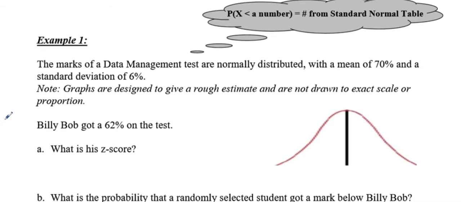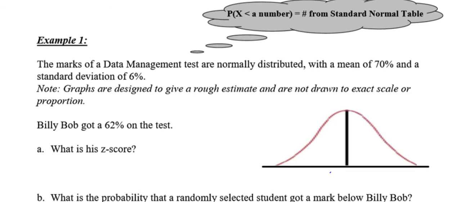In example 1, the marks of a data management test are normally distributed with a mean of 70% and a standard deviation of 6%. Now, the graphs here are just an estimate. They're just a sketch. They're not supposed to be exact, just to help you visualize.